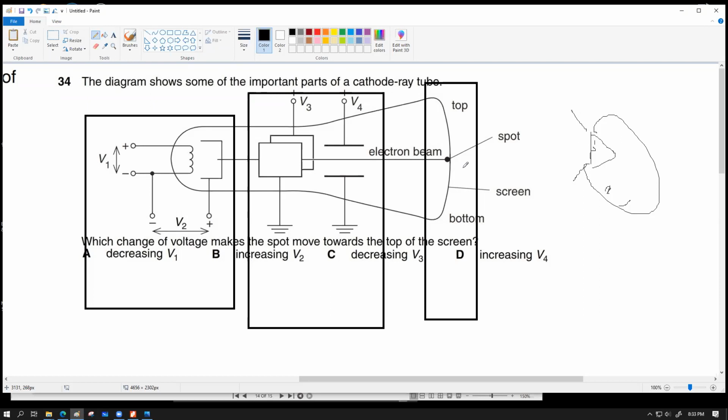আচ্ছা, আমি ভিডিও আপলোড করে দিয়েছি, নো প্রবলেম। So here the thing is that if the value of V2 is high, or if you have a larger voltage V2, then that would cause the electrons to accelerate to a much higher value.